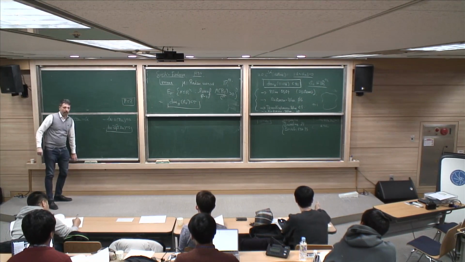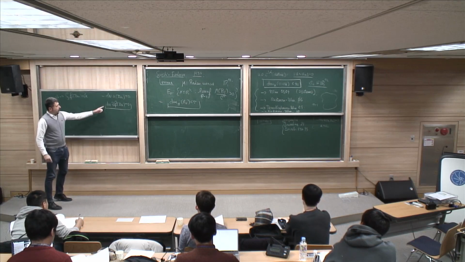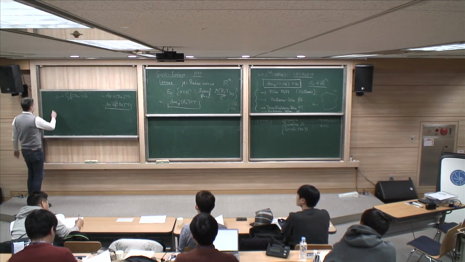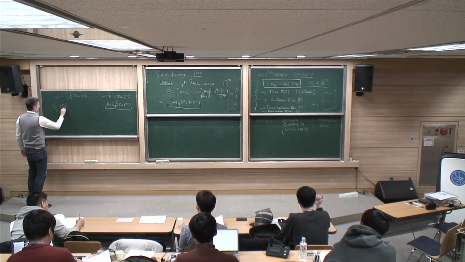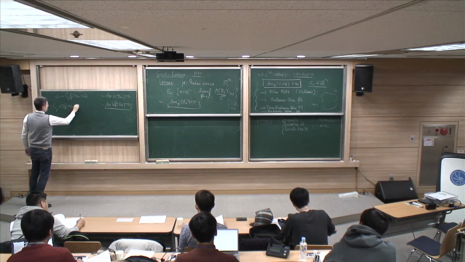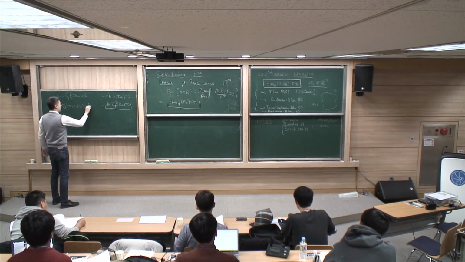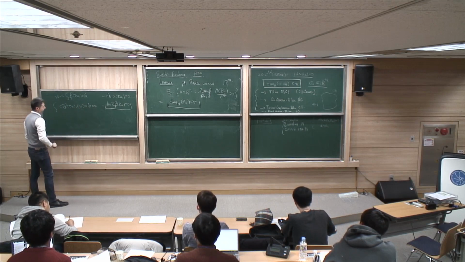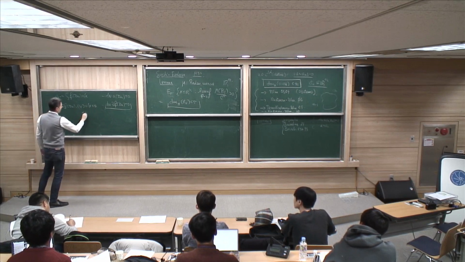In a distributional fashion, this is equal to 0 for every phi.